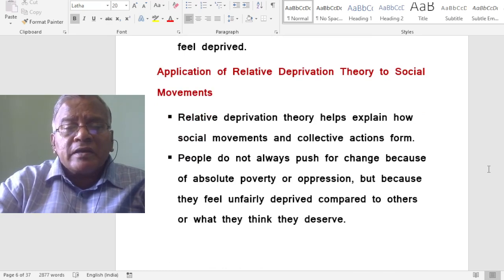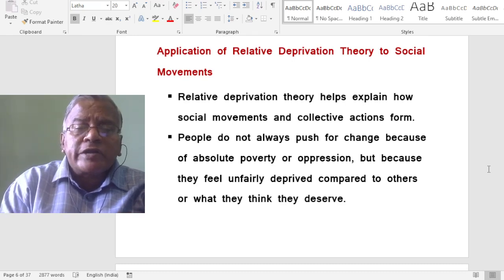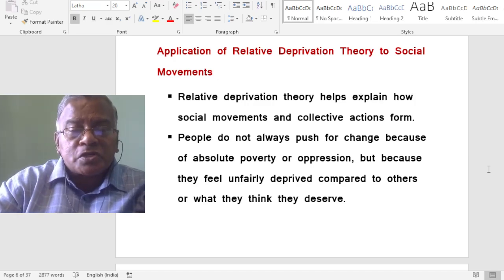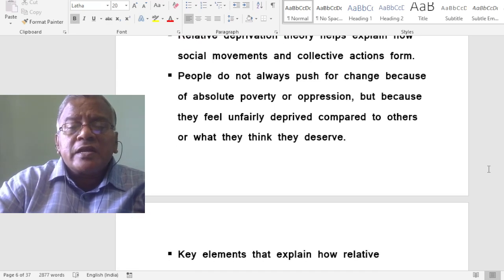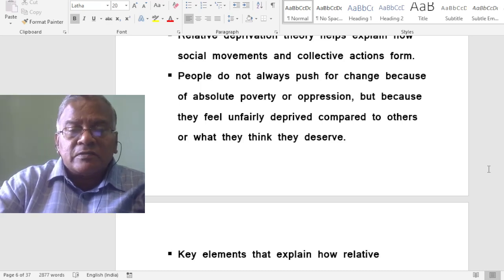How to apply relative deprivation theory to social movements? Relative deprivation theory helps explain how social movements and collective actions form. People do not always push for change because of absolute poverty or oppression, but because they feel unfairly deprived compared to others or what they think they deserve.